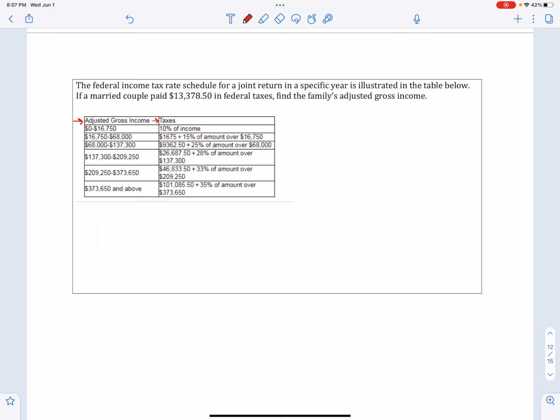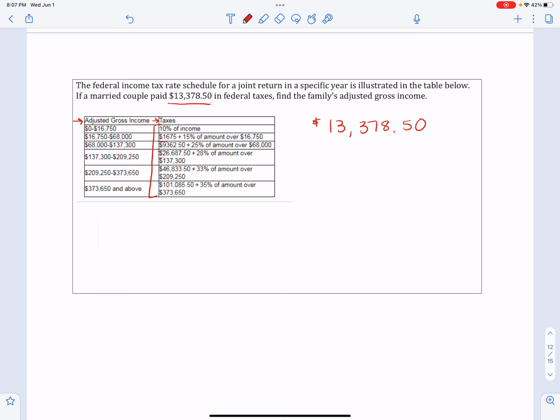So what you're going to do for these is look at the amount of taxes that were paid. In this case, we've got $13,378.50, and you're going to figure out where they would fall by looking at the base that they would pay.